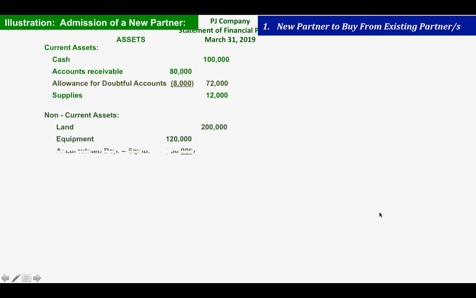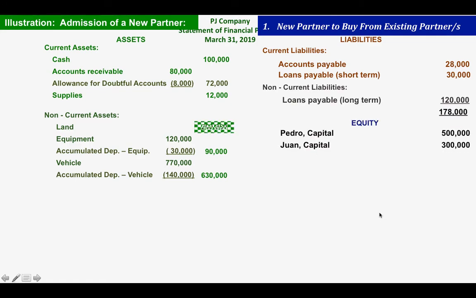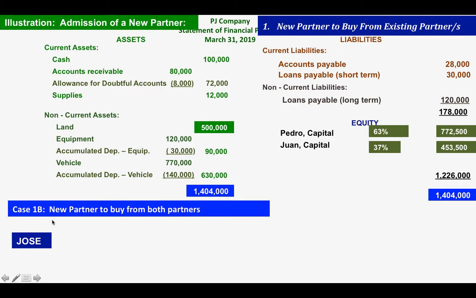Same thing, class. We will use the same data, but here we are going to illustrate a situation wherein, case 1B, a new partner buys from both partners. So here Jose is going to buy from Pedro and from Juan.